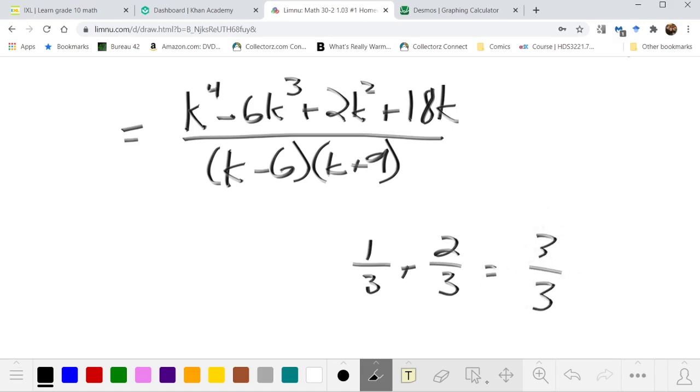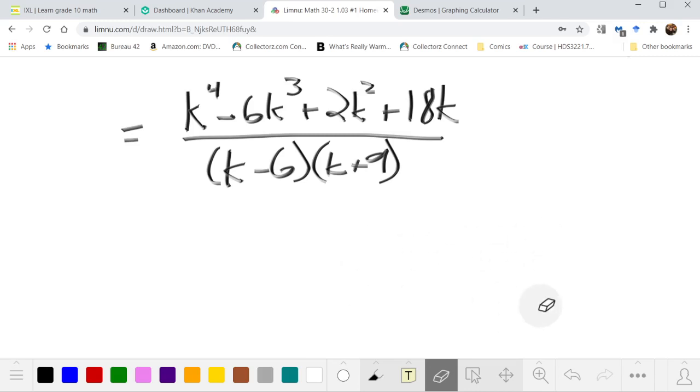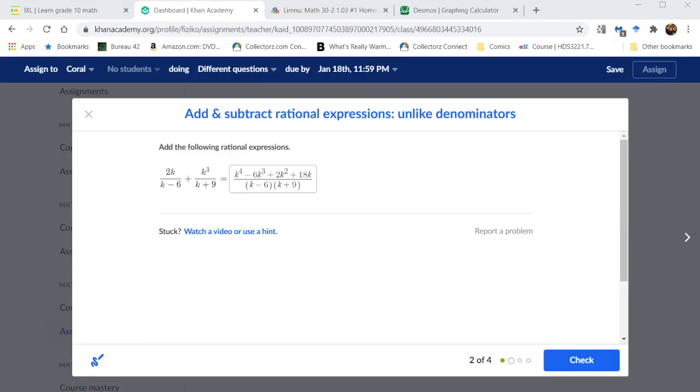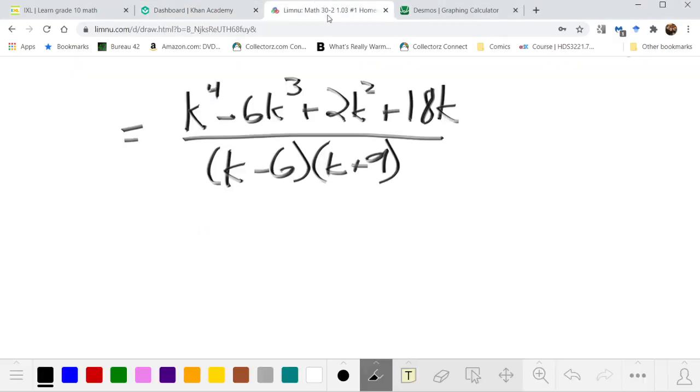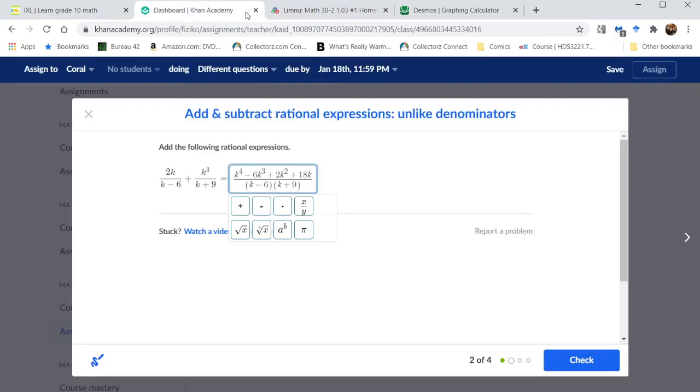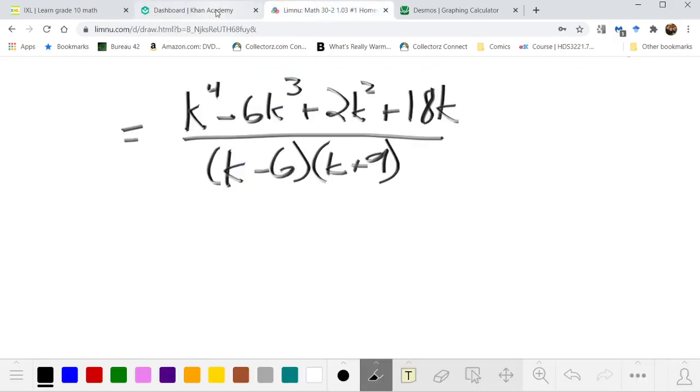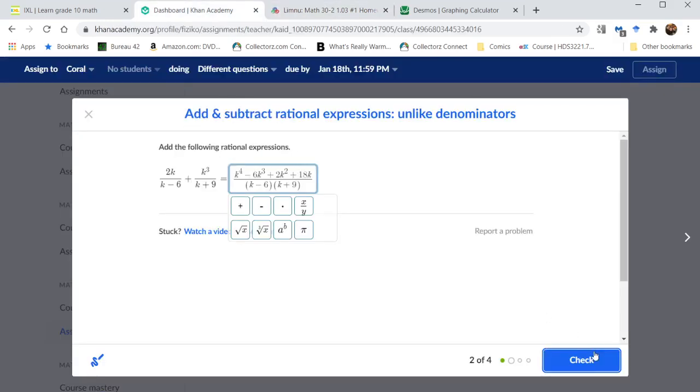The remainders cancel. That can happen in rational expressions when you're adding 3 of them together. So we do have to watch for that in the long term. Today, this is our answer. So that is k to the 4th minus 16k cubed plus 2k squared plus 18k over k minus 6 times k plus 9.